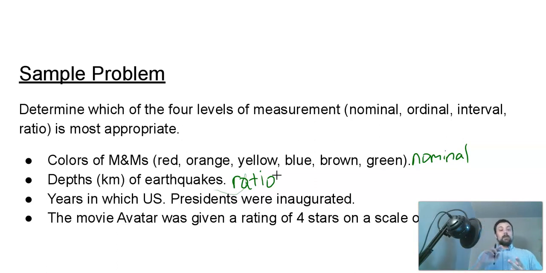So there's ordering, there's meaningful difference, but is there a natural 0 starting point? This one might be kind of tough to figure out, because we do start a numbering of years at a certain point in history, but that's kind of arbitrary, right? There's no reason why it had to start in that particular year. And so we could measure the number of years since the Declaration of Independence, for example, which was 1776.